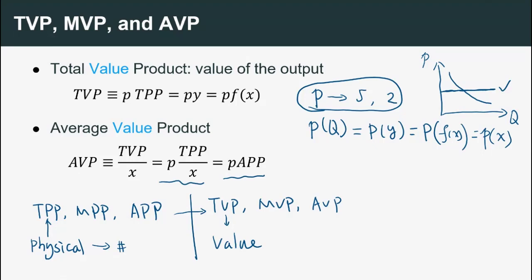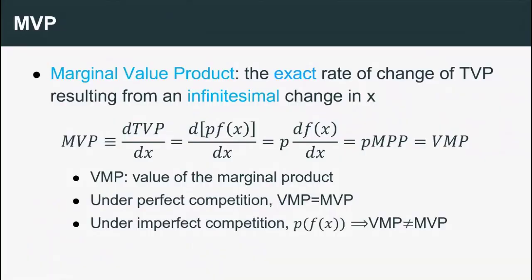And this is similar to TVP, which is just price times TPP. MVP, which is a marginal value product, it's the exact rate of change of TVP, which is a value of your output. And those change in your value of output resulting from a small change in X, or an infinitely small change in X.